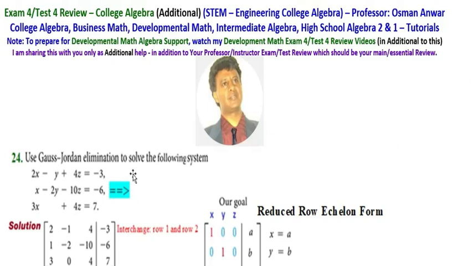Number 24, we did Gauss-Jordan elimination. We got the reduced row echelon form.